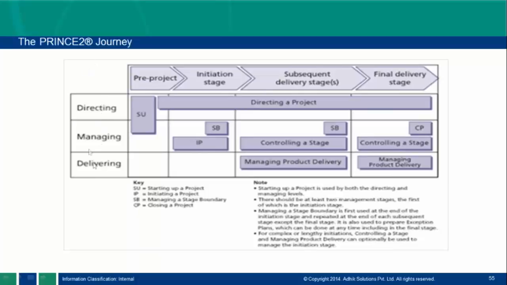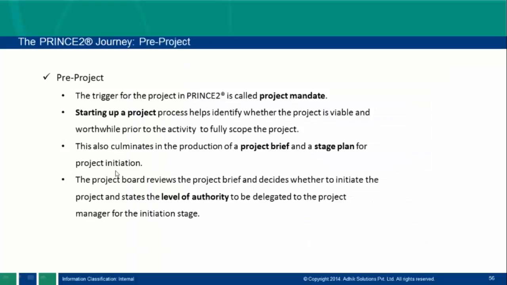So corporate is not involved here. Corporate is involved until we have the mandate. After the mandate, these people are involved for any project, right? In the first pre-project stage, the trigger for the project in PRINCE2 is called the project mandate, right? So do you know what a mandate is?